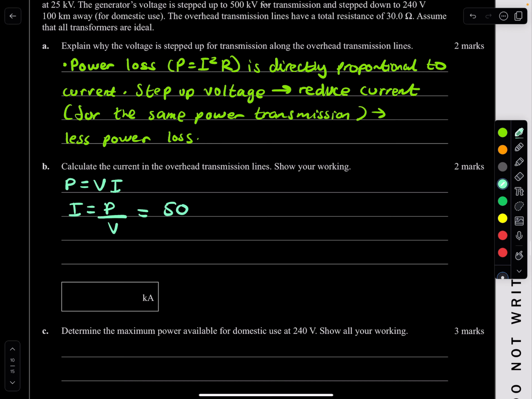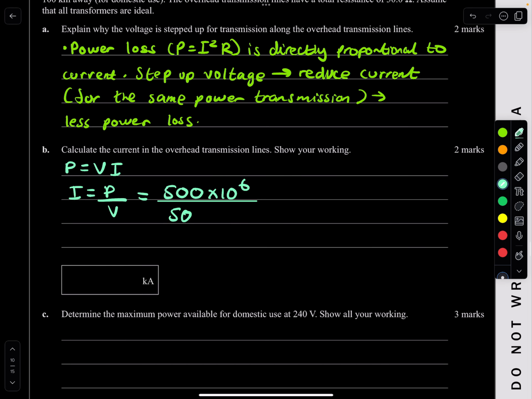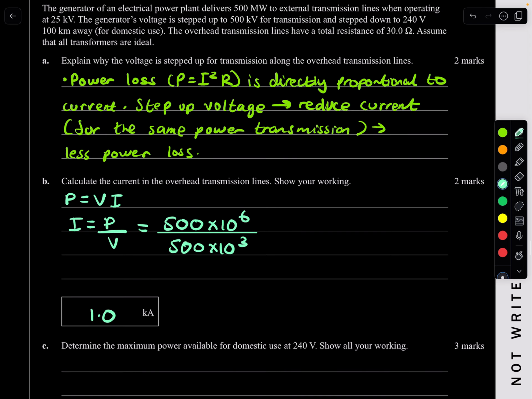It's 500 megawatts, so 500 times 10 to the power of 6, divided by the voltage, which is 500 kilovolts, which is times 10 to the power of 3. So that's going to give me 1,000 amps. And because we want it in kiloamps, that's just going to be 1.0 kiloamps.